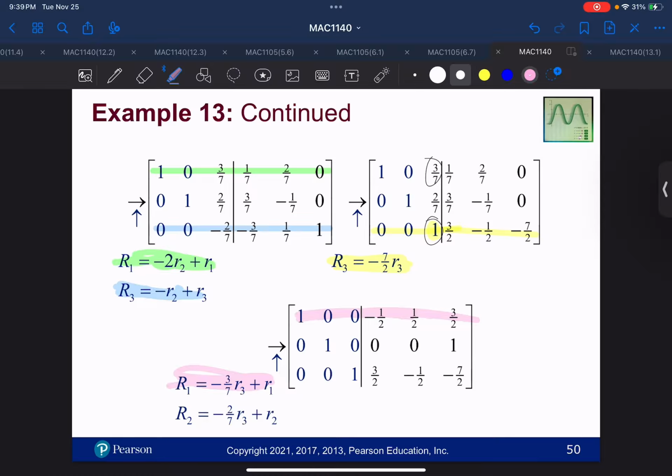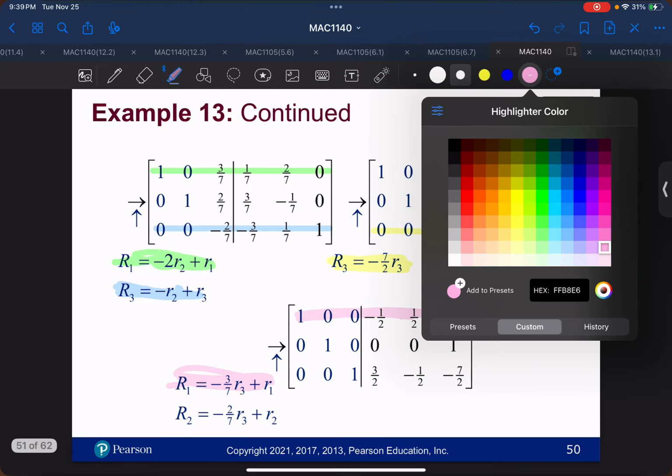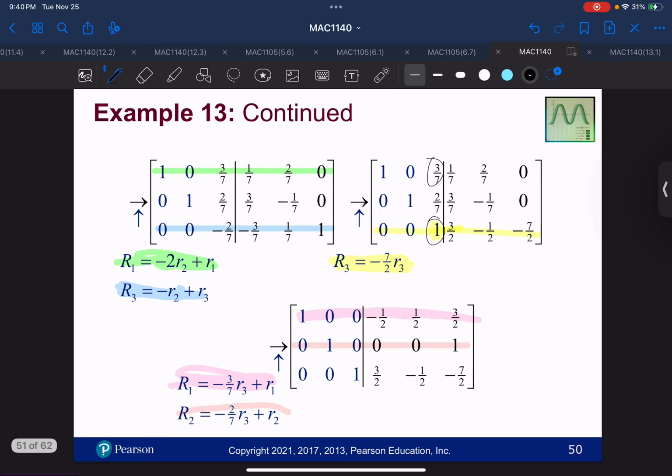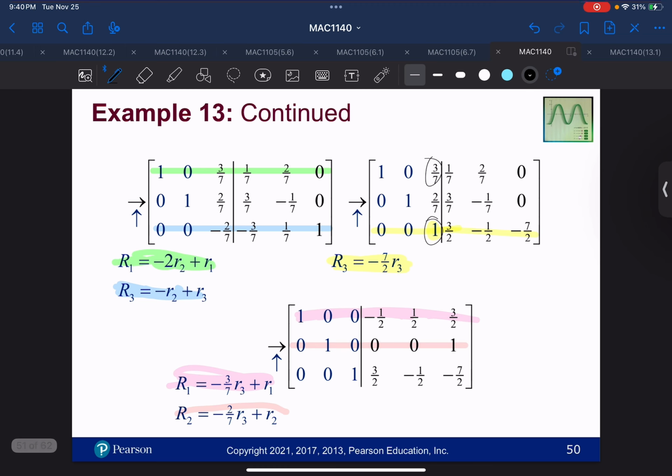And then the last thing they do is they multiply row 3 by negative 2/7 and add it to row 2 in order to get the last entry 0 there. So now the left side is completely in reduced row echelon form because each first non-zero entry is a 1 and everything below it and above it are equal to 0.